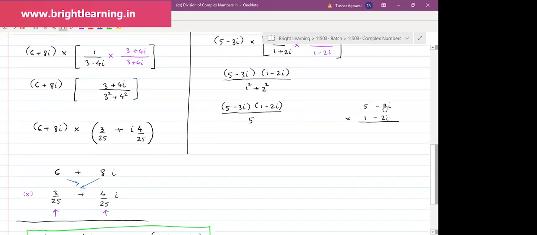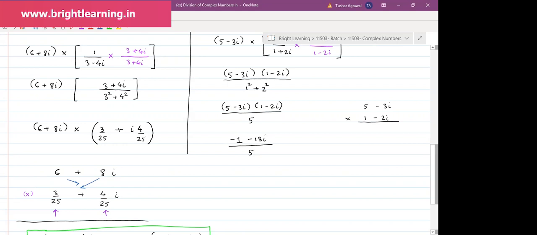So 5 ones are 5, and 6 i square, but that I will change the sign because of i square. So 5 minus 6, the numerator becomes negative 1. The cross multiplication of the imaginary part is negative 10, negative 3, which is minus 13 times i, upon 5.